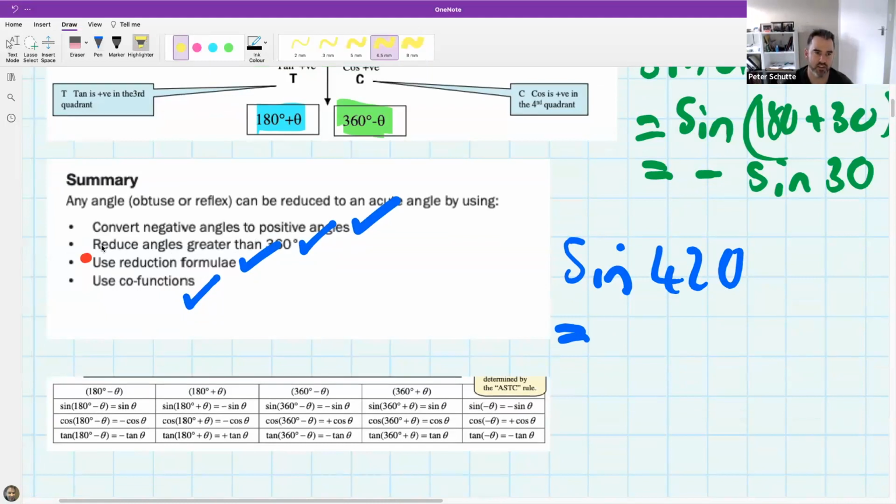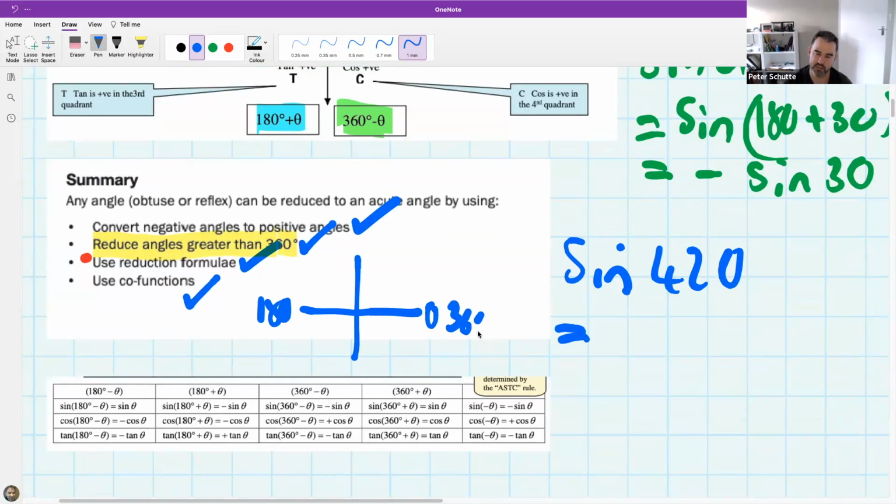This is like the case when you're reducing angles greater than 360. What's the nearest horizontal to 420? If you think about the CAST diagram, you have 0, 180, and then this is 360. If you were visualizing this 420, you get here and you keep going.